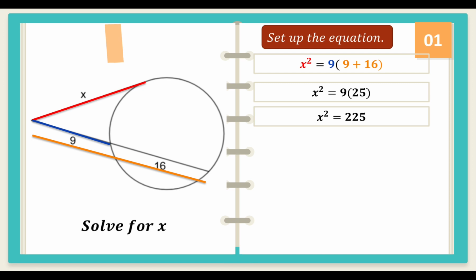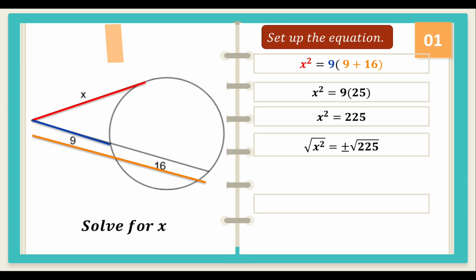Inasmuch as we have a square, we undo squaring by taking the square roots of both sides of the equation. Thus, we arrive at the square root of x squared is equal to positive and negative square root of 225. So there are actually two possible values.